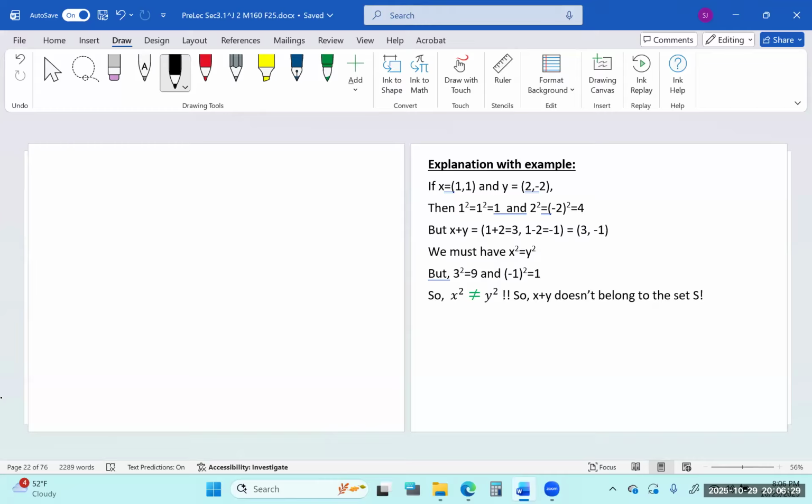What's the condition for the numbers in one variable, like x? The condition in this set is that their squares have to be the same. The individual numbers may or may not be the same, but their squares have to be the same. Okay, 1, 1 works. 2, negative 2 works.